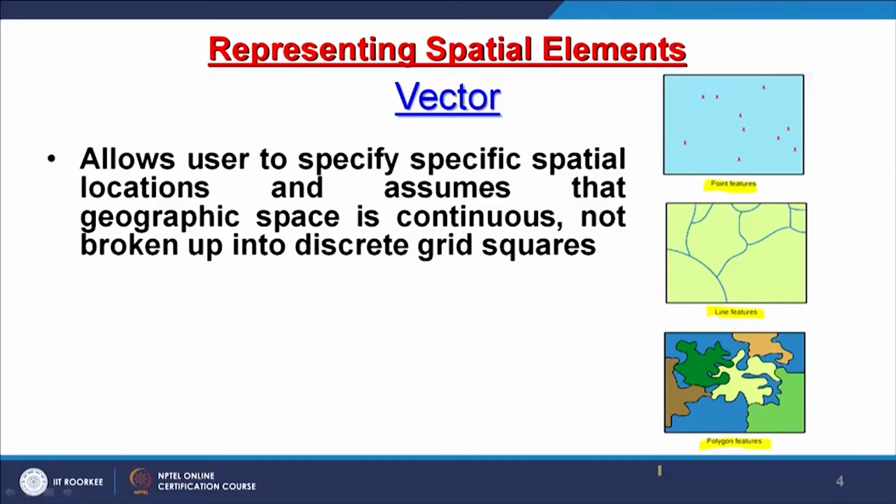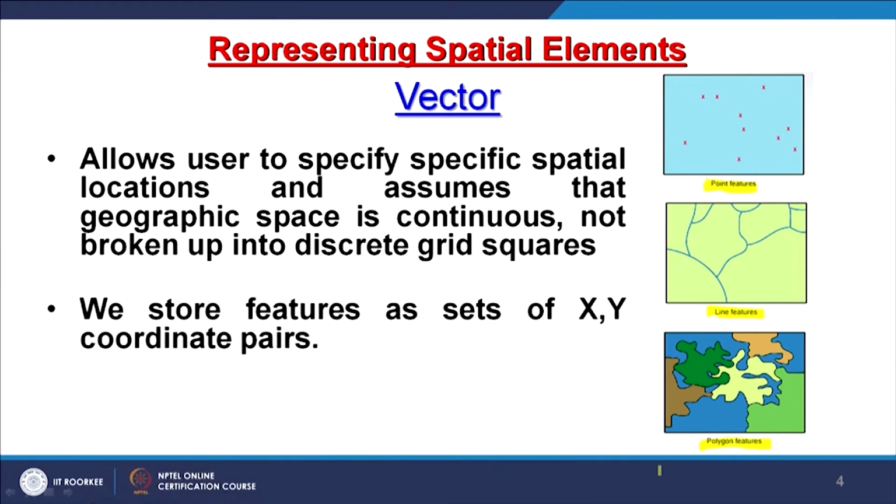So, if we know the origin and we know the destination, we can find out the length, that becomes magnitude, as well as the direction. Whereas a polygon is a 2-dimensional vector entity, where the begin point and end point are always the same. So, it makes a complete polygon. We will see further details on this.